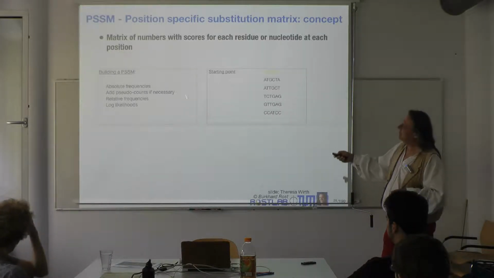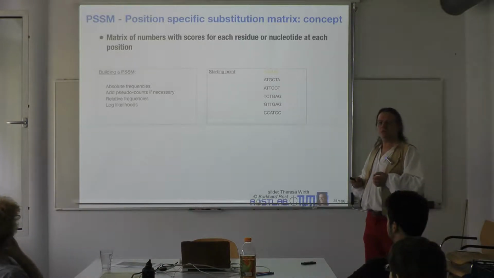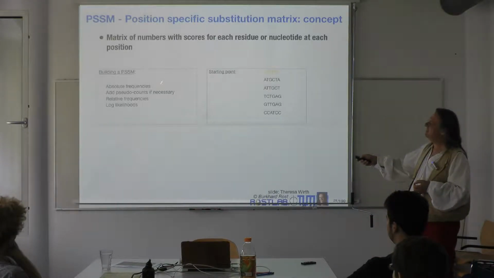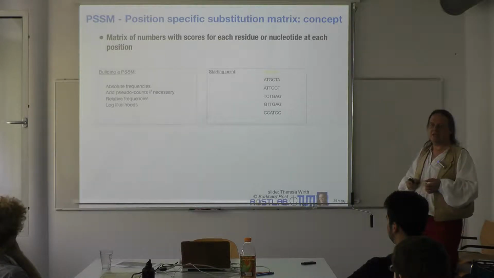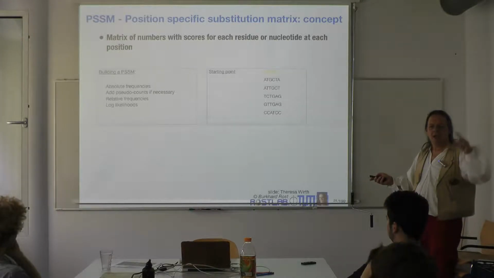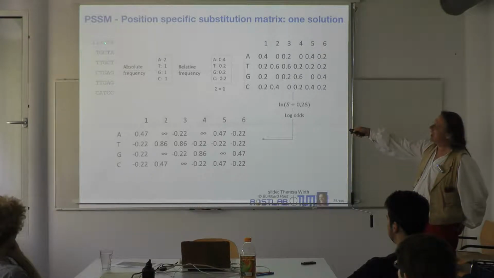Now, in order to build up a PSSM, a position-specific scoring matrix, or profile, or whatever else you want to call it, it's protein-specific. You begin with a set of sequences that you pairwise align, for instance in the way in which we did it before. And then you simply count at every single position how often you have each of these 4 letters.